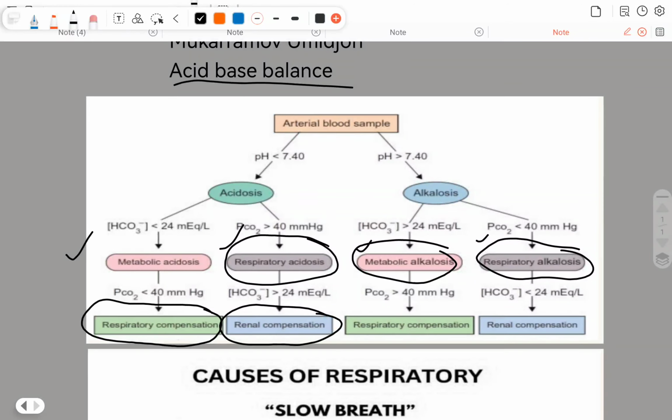In this kind of situation, it is quite exciting that another organ will try to help our organism. This organ is the lungs. It's respiratory compensation. When the amount of hydrogen ions decreases, our respiratory system tries to normalize it by decreasing respiratory function.